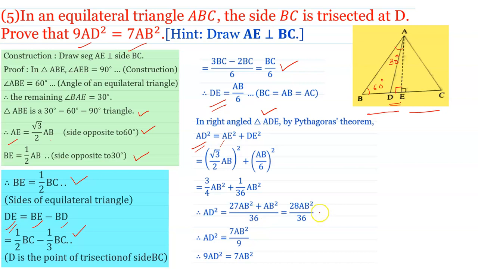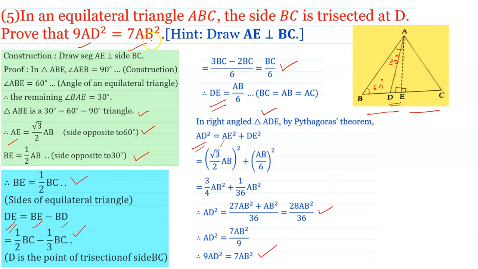You will get 28 AB square upon 36. Therefore AD square is equal to, dividing by 4, 7 AB square upon 9. After cross multiplication, you will get 9 AD square is equal to 7 AB square, and in this way it's proved.